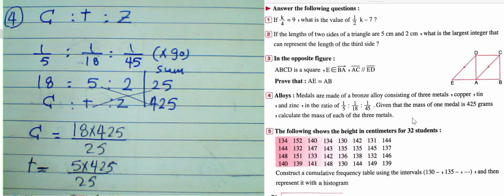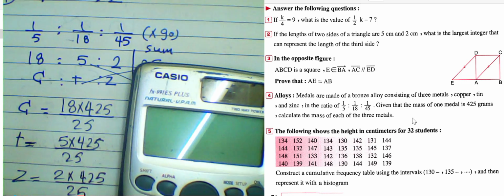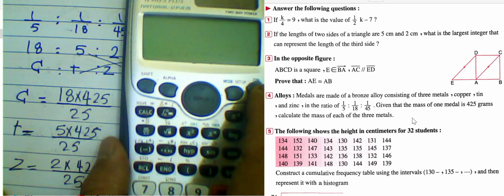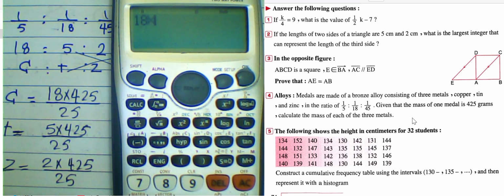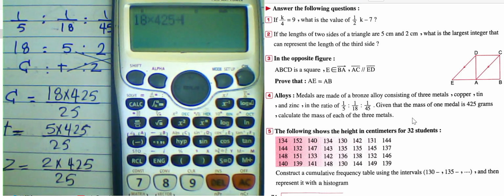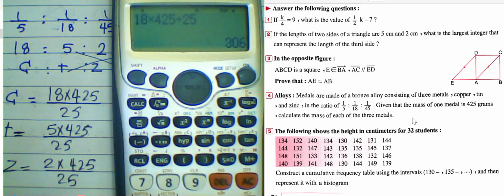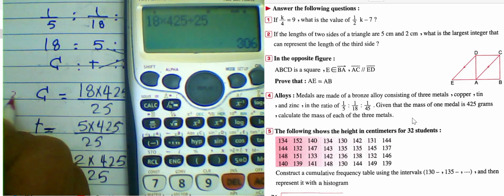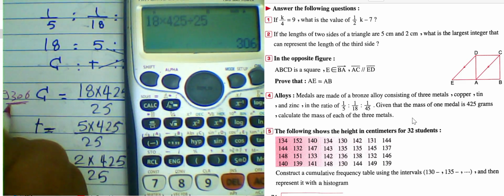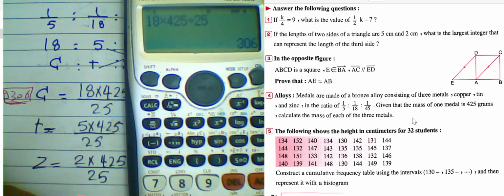You can use your calculator to find the result. 18 times 425 divided by 25 will be 306. Then the weight here of C will be 306 gram. Okay, 306 gram.